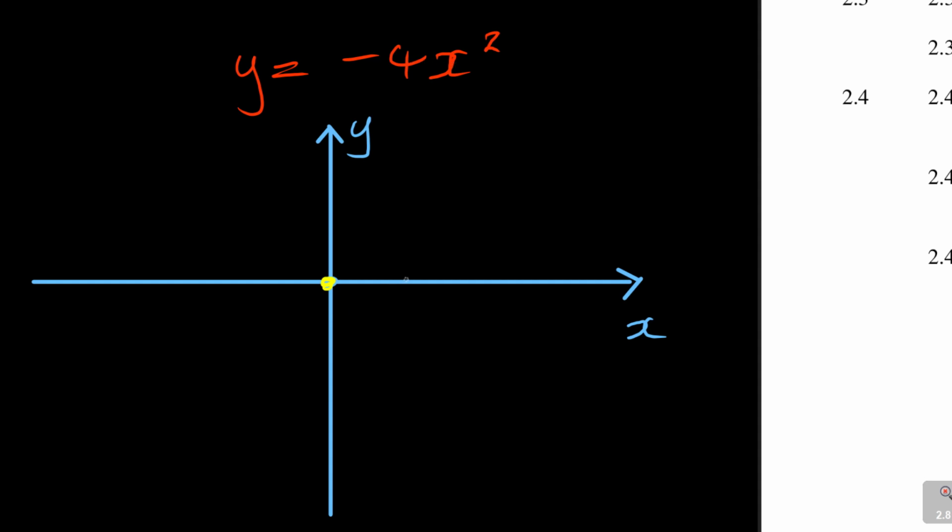When x is positive 1, y is negative 4. So you can have here a negative 4, and a 1 there. So you have a point here. Then you do the same thing when x is minus 1. Let me write it properly. When x is minus 1, again minus 1 doesn't change the value of y.